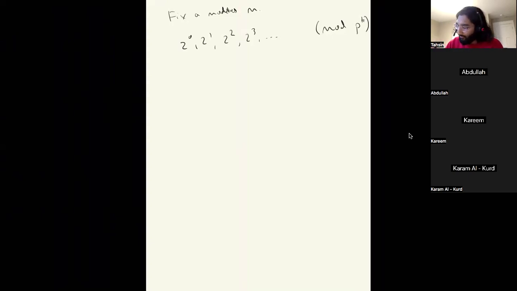First of all, if p is 2, so if I did 2 to the 0, 2 to the 1, 2 squared, and so on, this sequence mod 2 to the k for some k, what does the sequence look like?